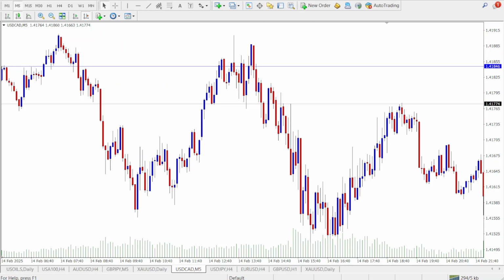Now, if you've been trading for a while, you know how important it is to understand how different currency pairs move in relation to each other. Well, in this video, we're just going to be diving deep into currency pair correlations, a key concept that can help take your trading to the next level.